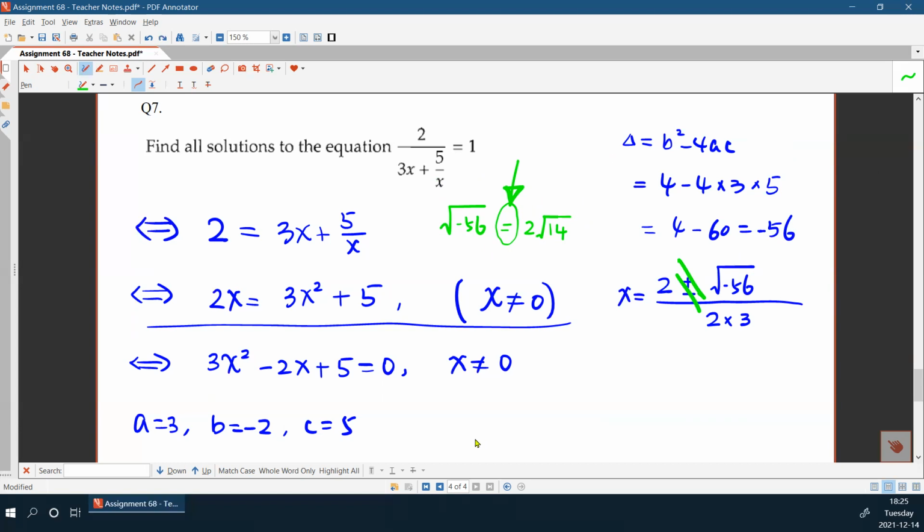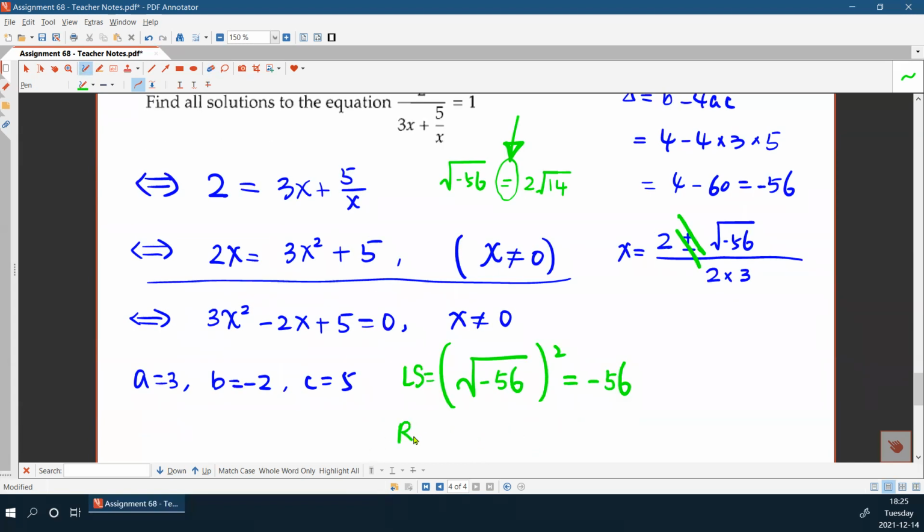Okay, let's verify this. So negative 56 squared. This is left side, right? So this is negative 56, right? This is our left side. And what about right side?